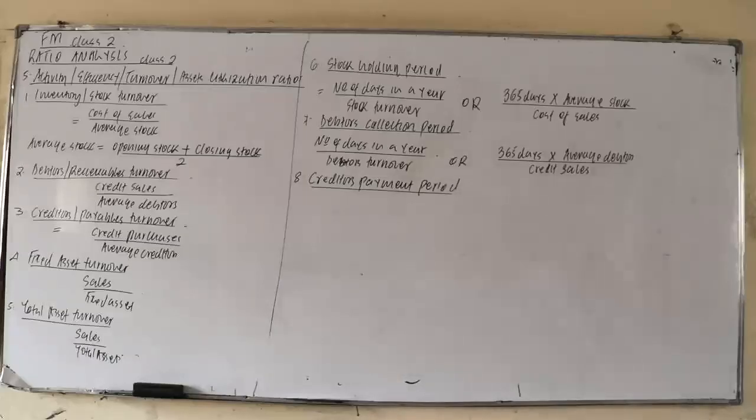When a company buys on credit, how long do they take before they pay their suppliers? So how do you determine that?